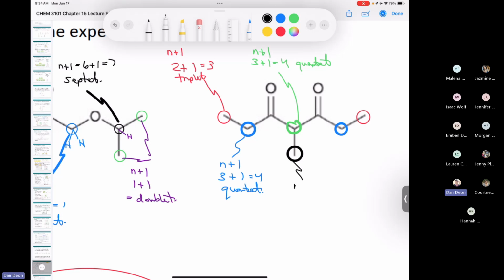How many neighbors do they have? N plus 1. One neighbor. There you go. 1 plus 1, which equals 2, and so I'm going to get a doublet for those 3 protons. Again, here for this one, I'm going to get a triplet. And then for this one, I'm going to get a doublet. Quartet, my mistake. Quartet. That old quartet of mine.